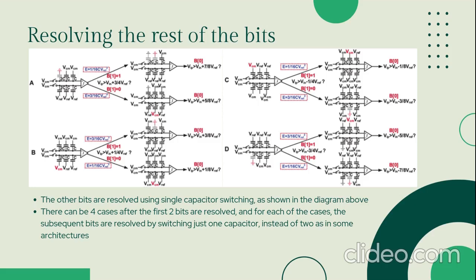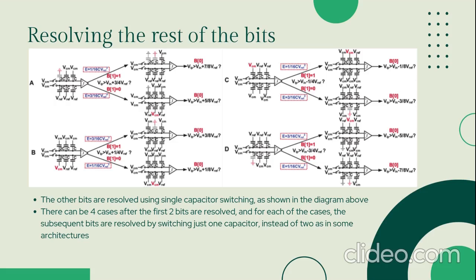Depending on the two MSBs, the circuit is in one of the four states A, B, C or D as shown in the figure. In each of the cases, the subsequent bits are resolved by switching the required bottom plates from the reference voltage to the common voltage or from the common voltage to ground.